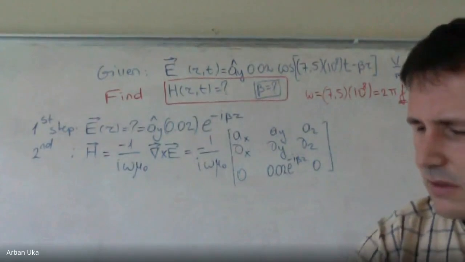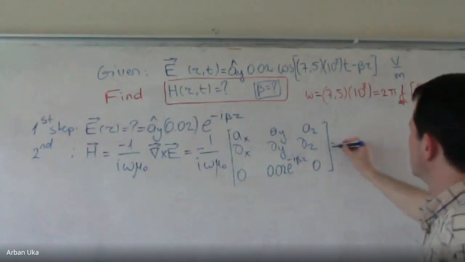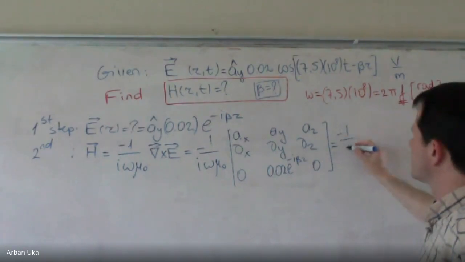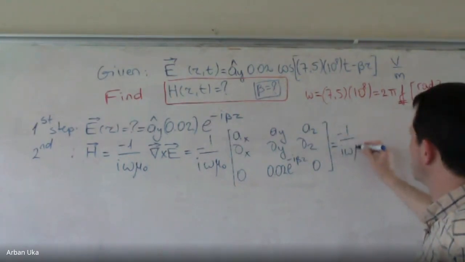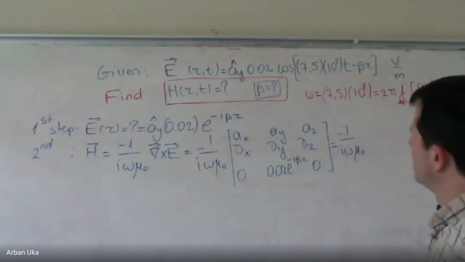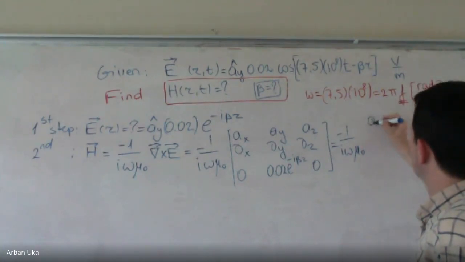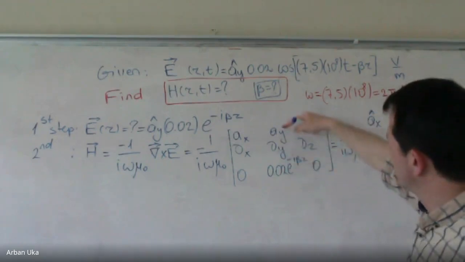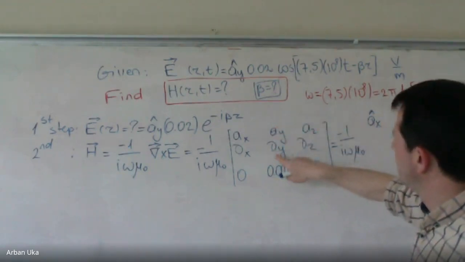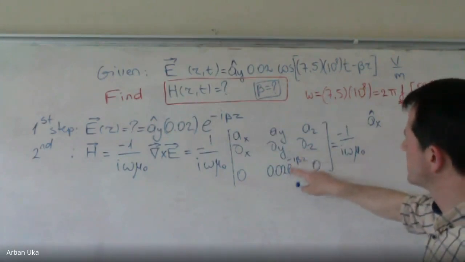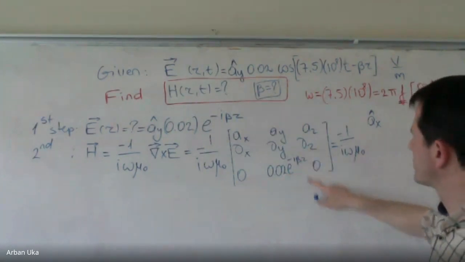And let's continue. So here we keep this constant, minus 1 over j omega mu 0, times, let's see what is the ax component. In the ax component, we have the derivative of 0 with respect to y minus the derivative of this term with respect to z.